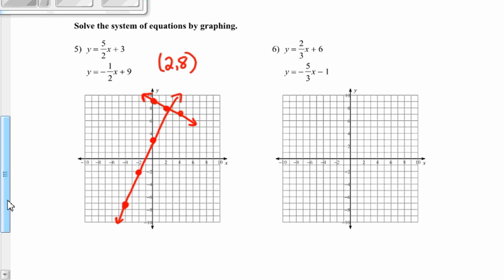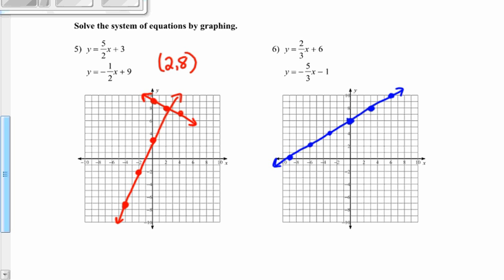Moving on to number 6, so again, both in slope-intercept form, we can go straight to graphing. That top equation has a y-intercept of 6 and a slope of 2/3, so up 2 over 3. I'm going to go back as well, making this line very exact. And then we're going to graph our second line.